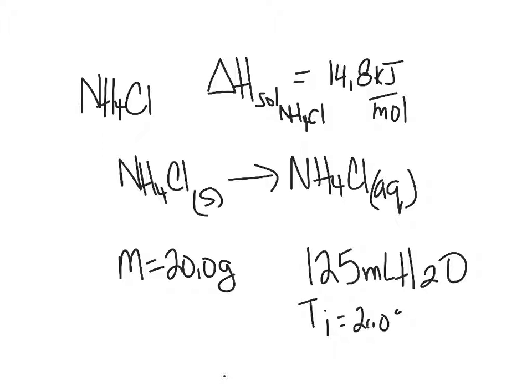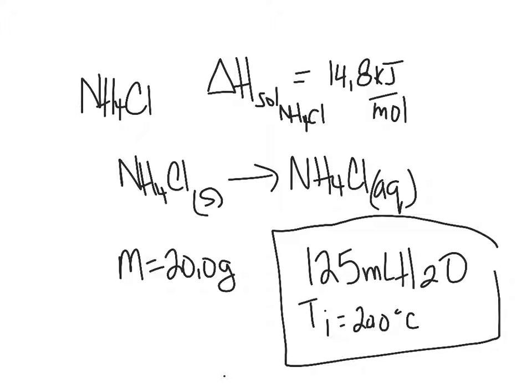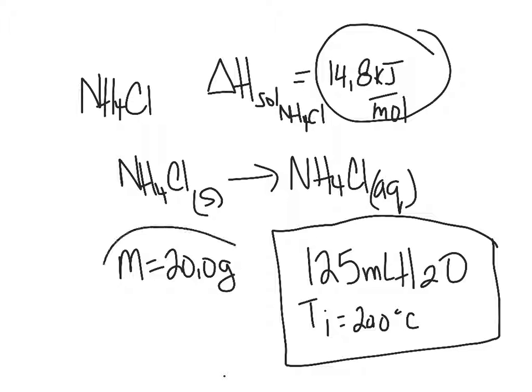Oops, that's my bad, that should be a square. It started out as a circle. So that's the only information that is for the surroundings. This is for the system, and this is for the system.